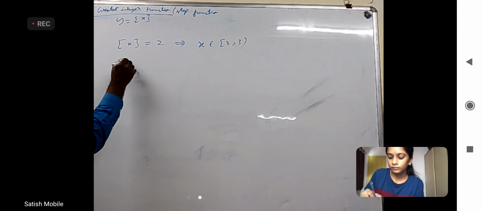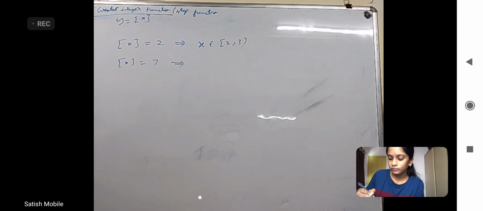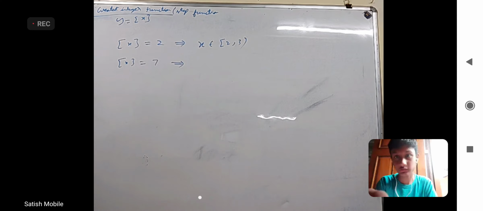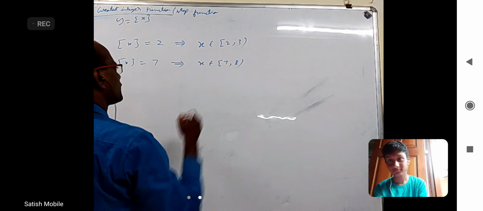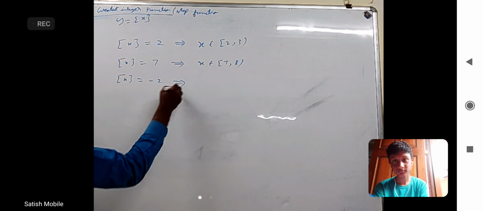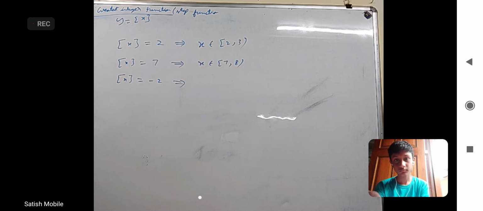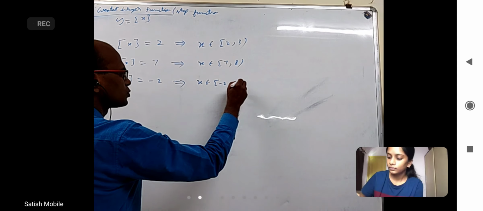If you want the integer part of x to be 7, then x will belong to closed 7 to open 8. If I want the integer part of x to be minus 2, closed minus 2 to open minus 1.